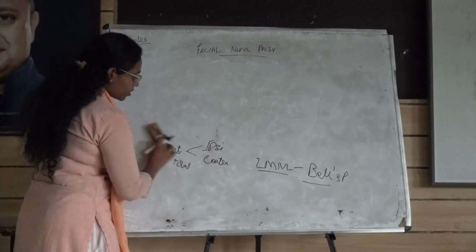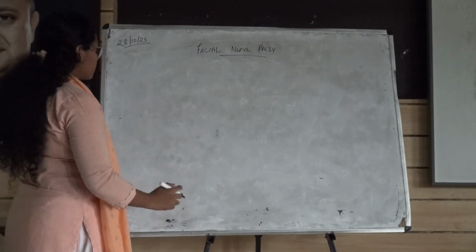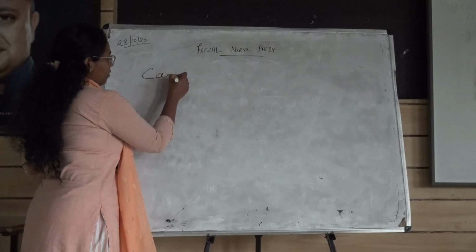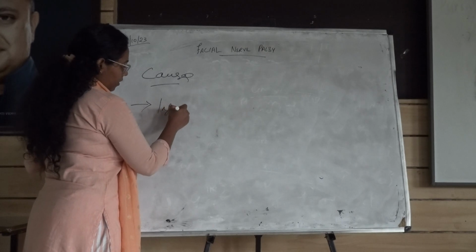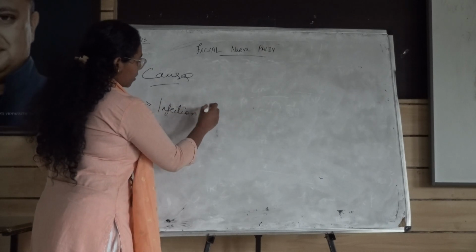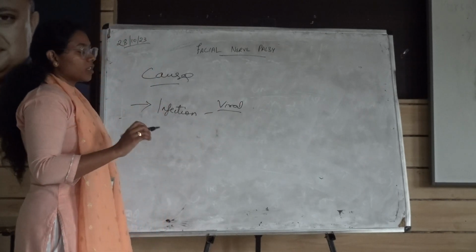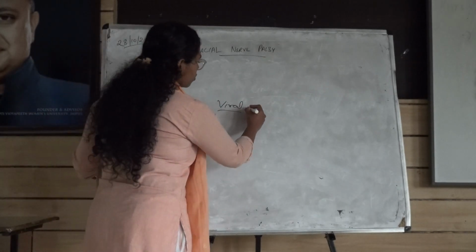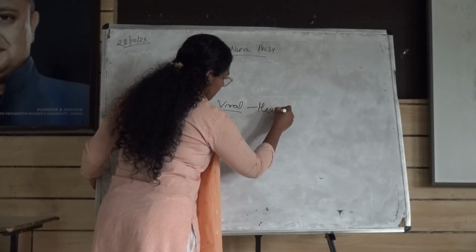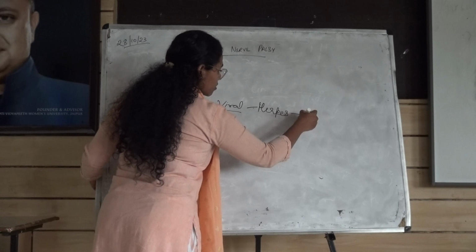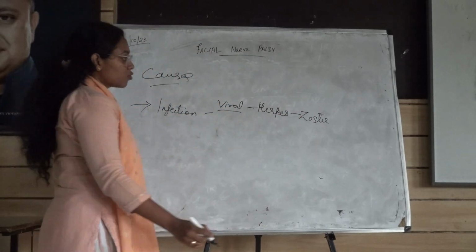When we talk about facial nerve palsy, what are the main causes? First, causes can be infection, maybe viral infection. If it is viral infection, it is mostly due to herpes virus, that too herpes zoster. The herpes zoster virus causes chickenpox.